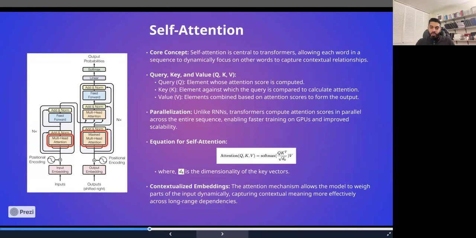And then, the same thing that I mentioned here in terms of the last bullet on the slide, the idea is to capture contextual meaning, and this enables it to also achieve long-range dependencies much better than RNNs, for example.